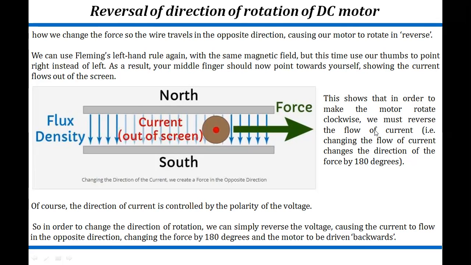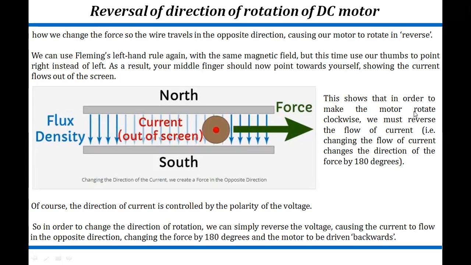Okay. It means what? By changing the polarity of the input voltage which we are giving, we can change the direction of current. And by changing the direction of current, we can make the motor rotate in a clockwise or anti-clockwise direction. It means what?